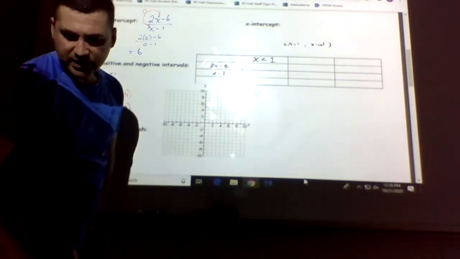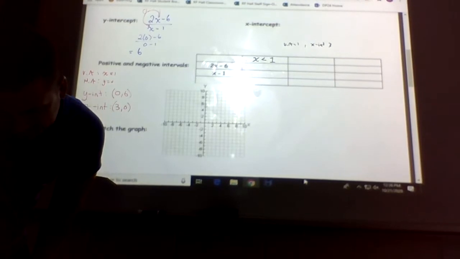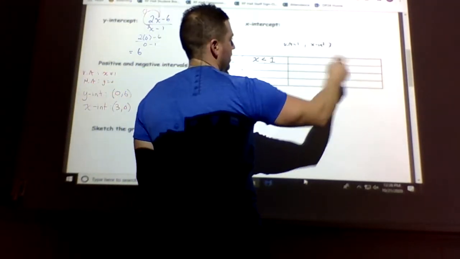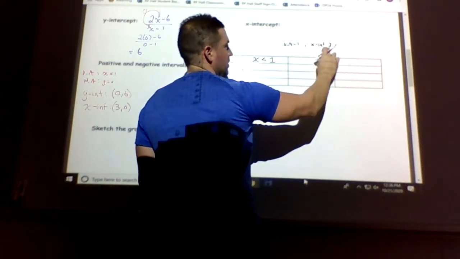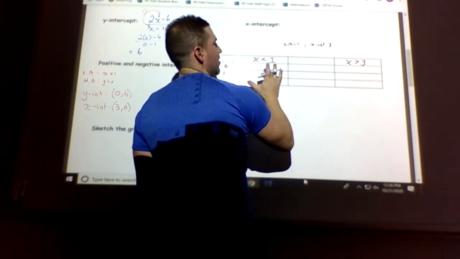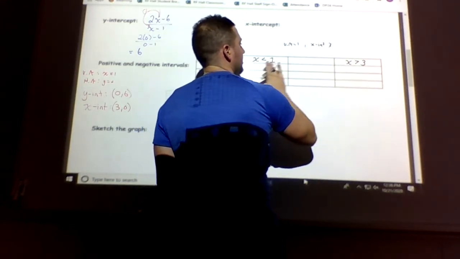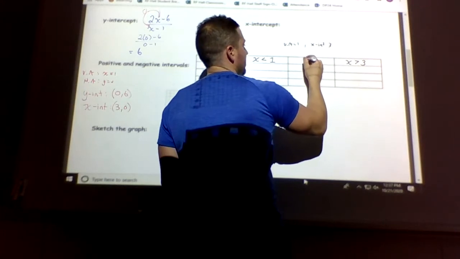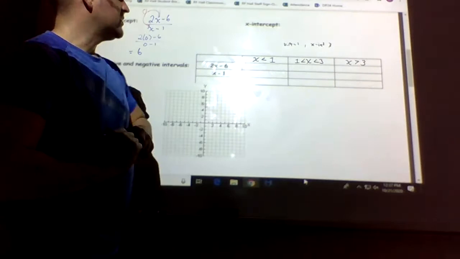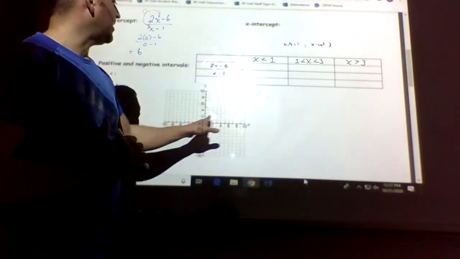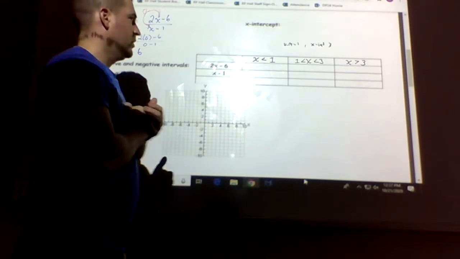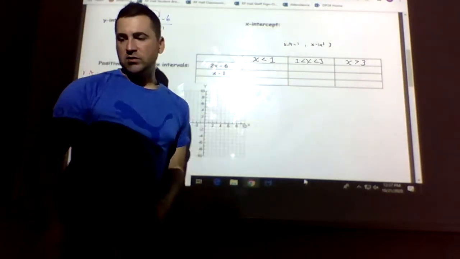No, it just says less than. So x is less than 1. Then the last one is going to be our highest number, which is 3, so x is greater than 3. And then we want to find values in between these two, so values between 1 and 3. We use these values because they affect the x-axis. We want to know when the graph will be above the x-axis or below, so it's going to be before or after these points.